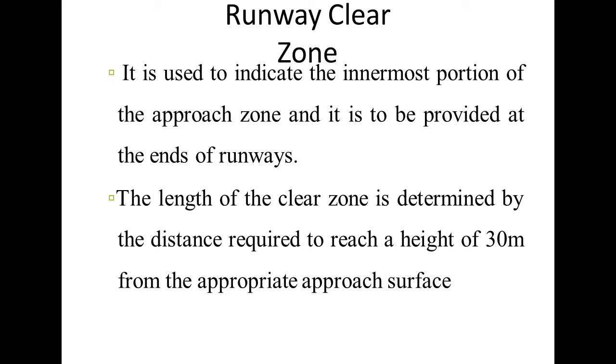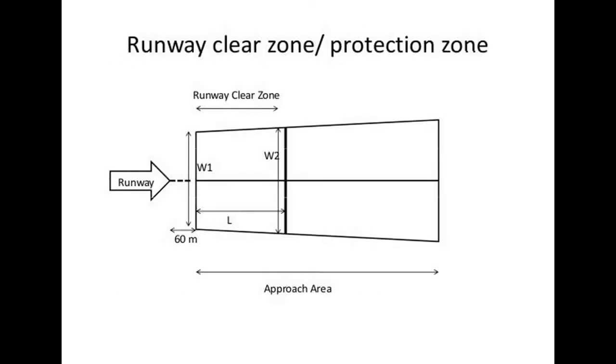The length of the clear zone is determined by the distance required by an aircraft to reach a height of 30 meters from the appropriate approach surface. So in this picture we can see the runway clear zone. It depends on the aircraft reaching a height of 30 meters above the ground level.